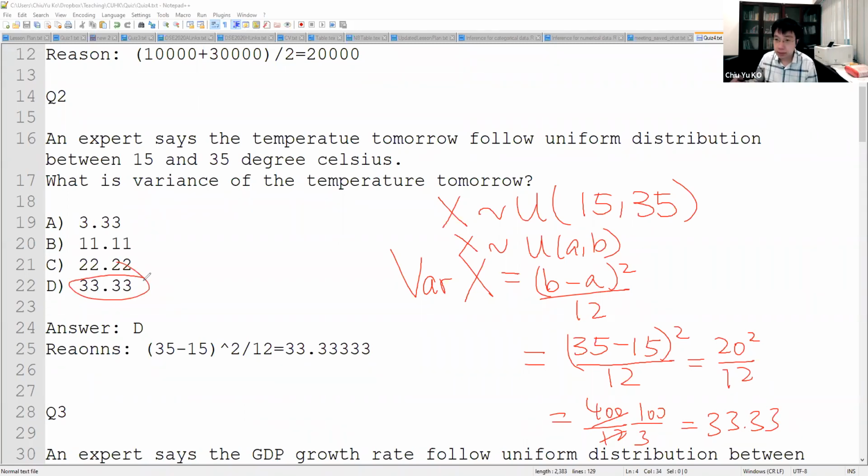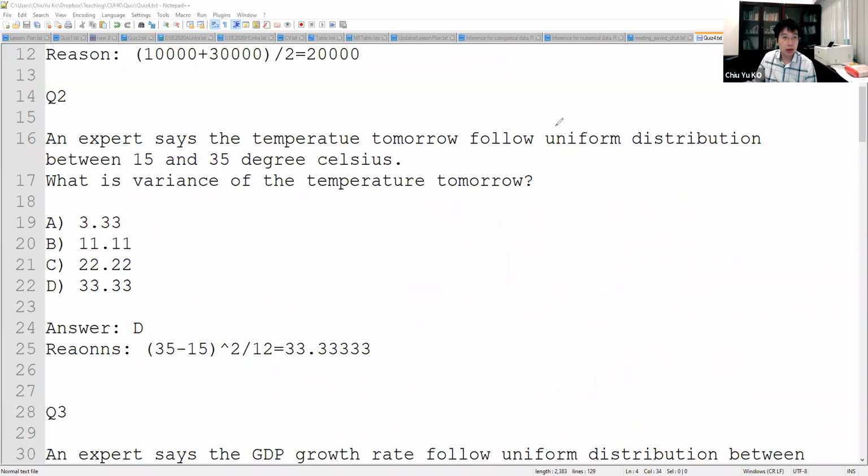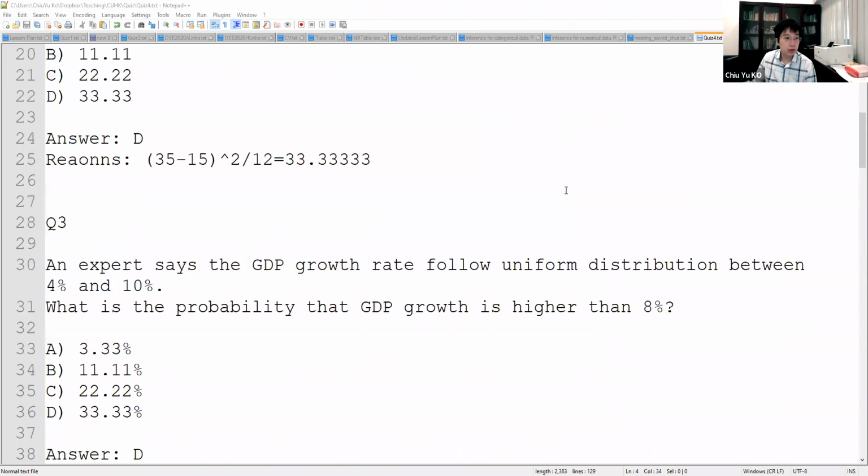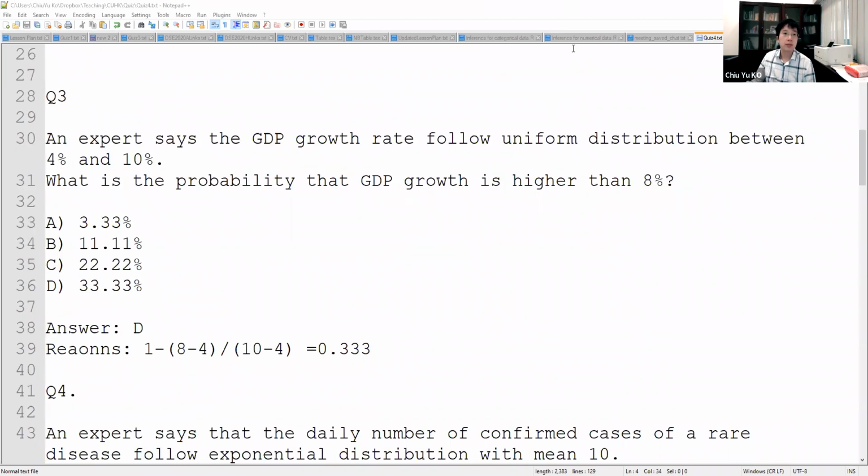Okay. I hope that's okay for this question. And yeah, no problem, right? So let's see the next question, which is slightly more challenging, I would say.